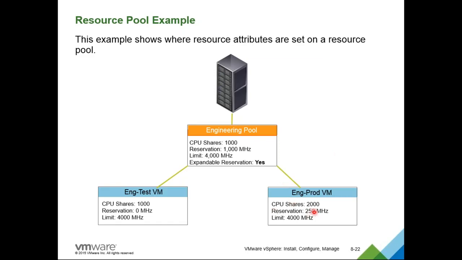Now coming to the reservation. I have reserved 250 megahertz for my production VM. So out of this engineering pool's 1000 megahertz, this particular VM must mandatorily use 250 megahertz, whether it is consuming it or not. Dedicatedly, 250 megahertz needs to be used.